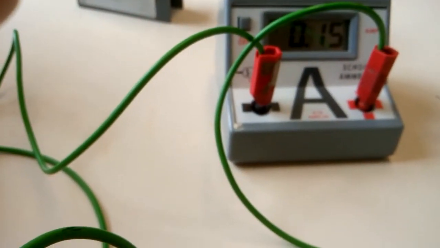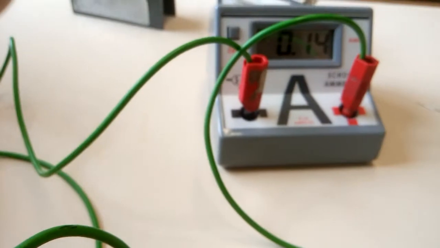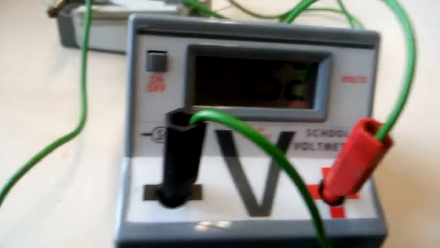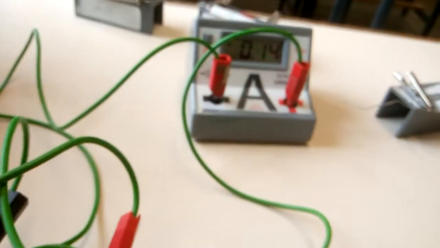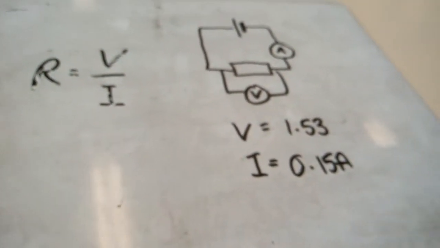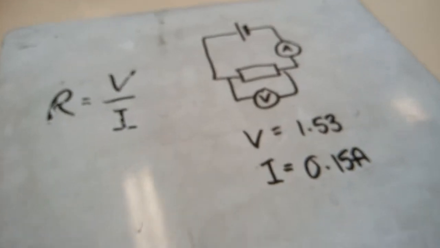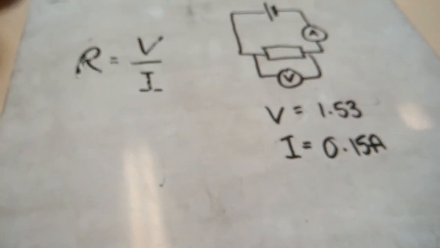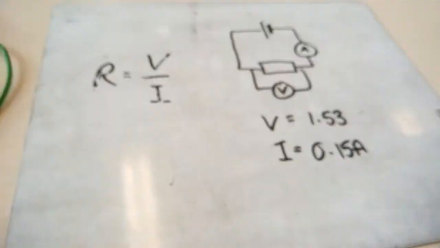So turning the circuit on, I'm not going to leave it on for very long. I've got a current of 0.15 amps, and I've got a potential difference of 1.53 volts. Okay, so that's my current, that's my potential difference. What I'm going to do now is use our key equation here to find the resistance.